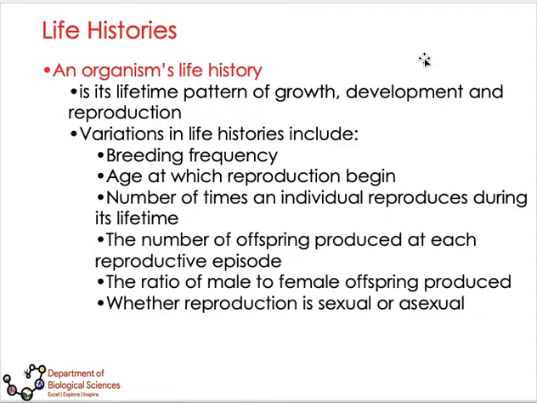The number of times an individual reproduces during its lifetime. Is it once, twice, several times? The number of offspring produced at each reproductive episode. Is it with high fecundity, with many offspring, as we have discussed in the survivorship curve, or just a few, 1 to 2? Of course, that depends on the size of the offspring they produce.